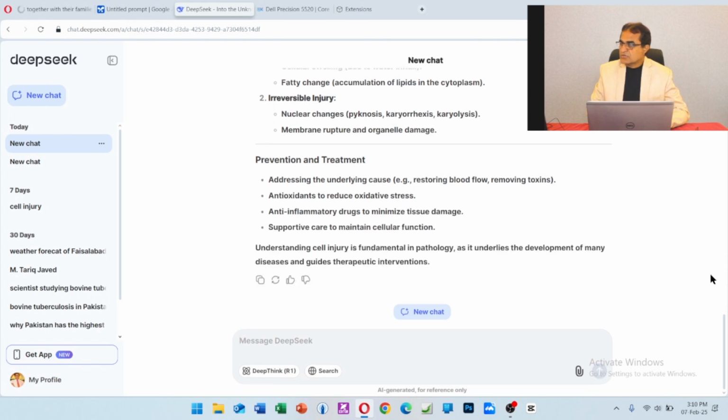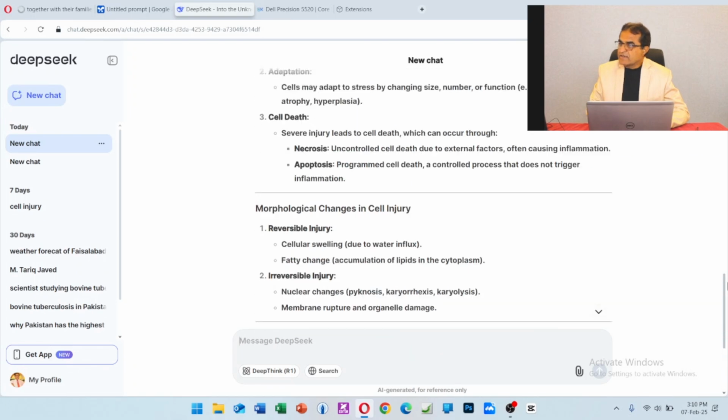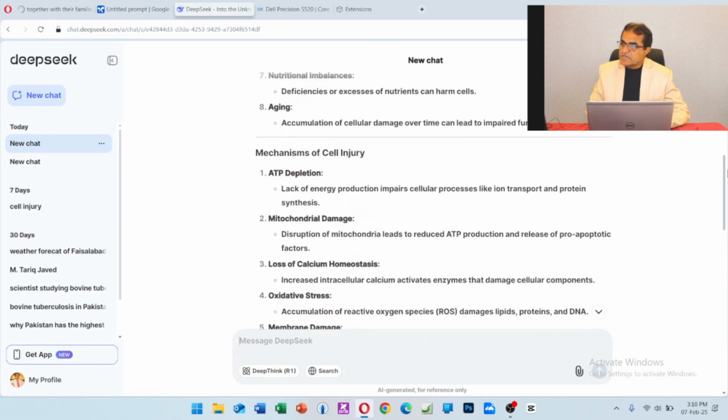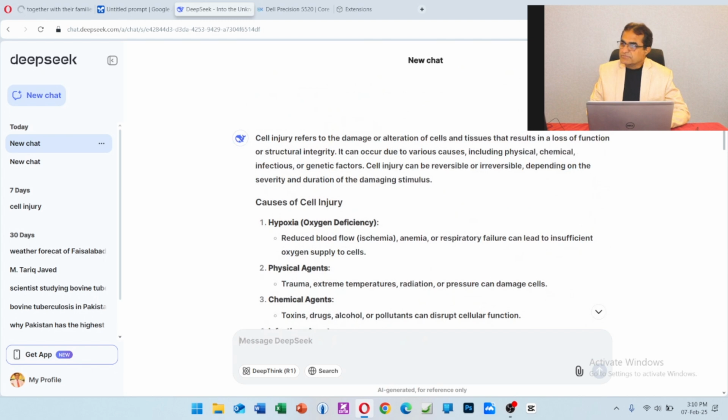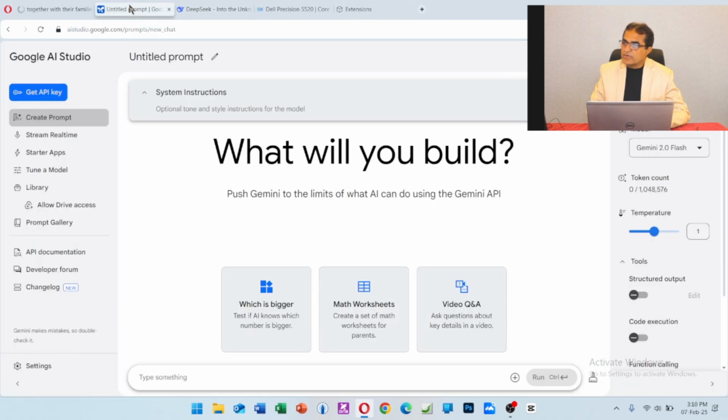Okay, so it gave us a lot of information, no doubt. But let us see now. We are going to use the same term in Google AI Studio and see what information we are going to get from there.